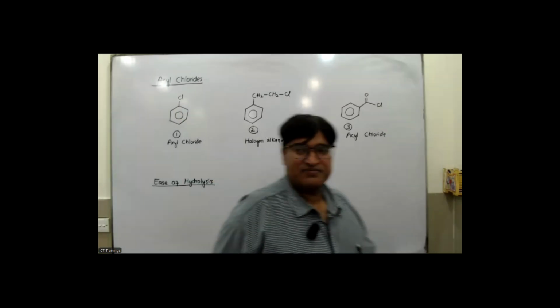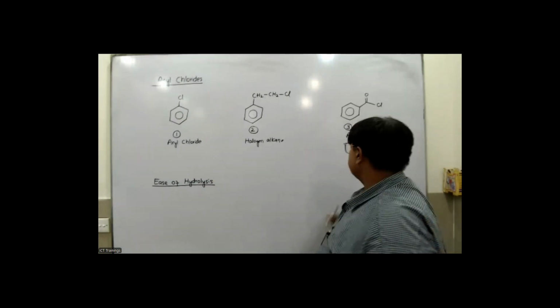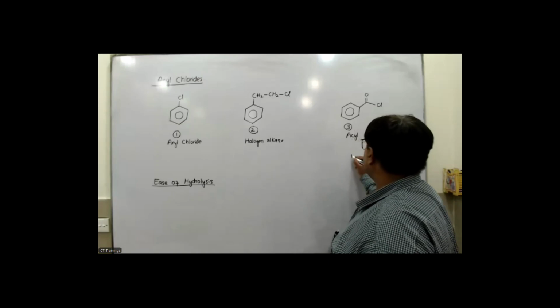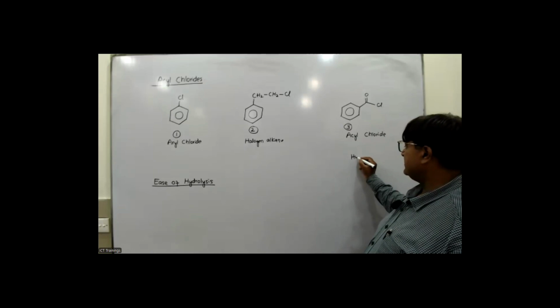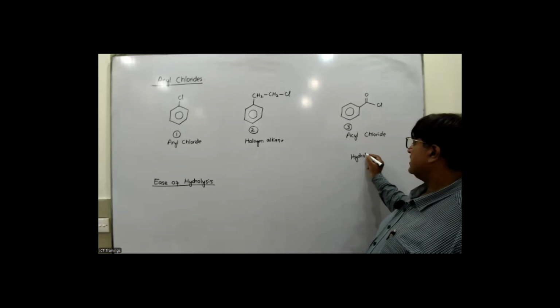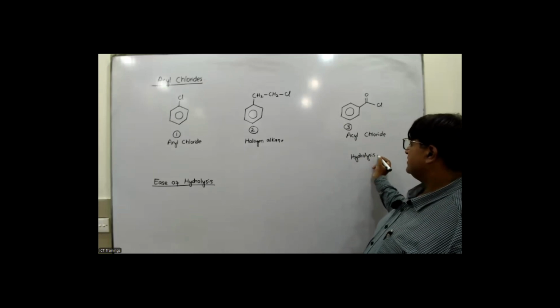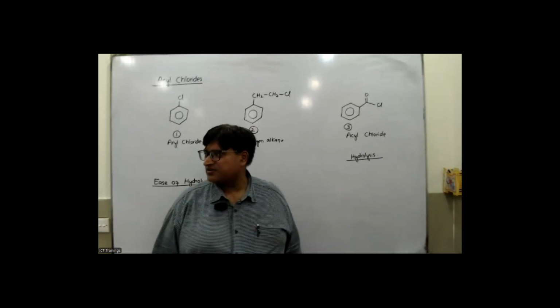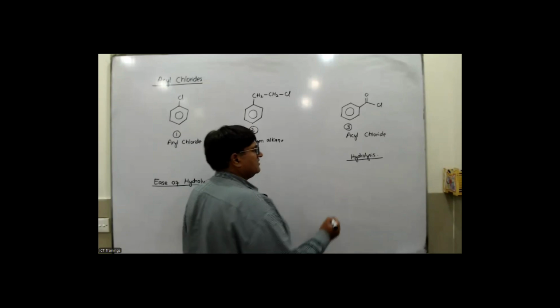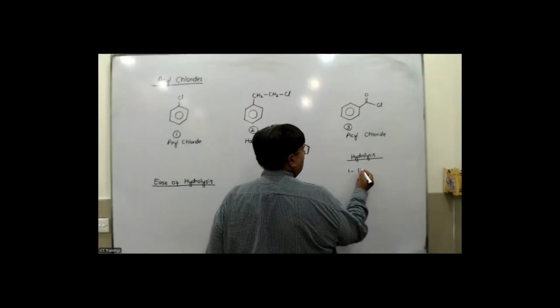The first thing, hydrolysis, my dear students, could be carried out by three substances. If you want to do the process of hydrolysis, number one, it can be done with the help of water.